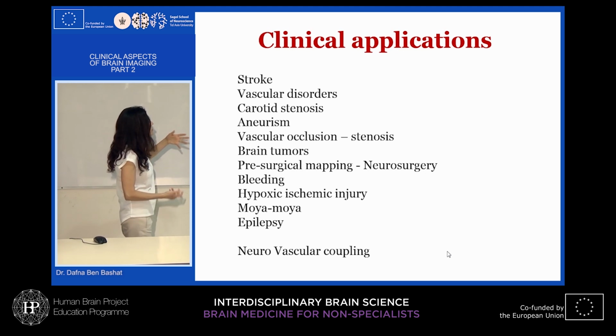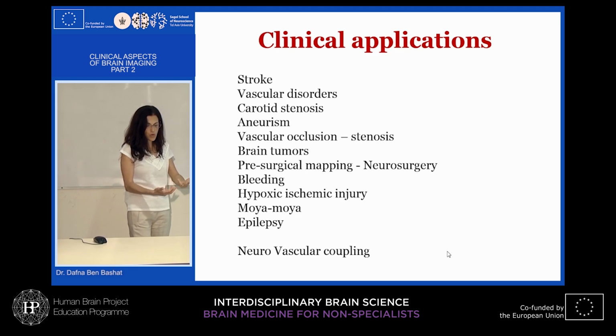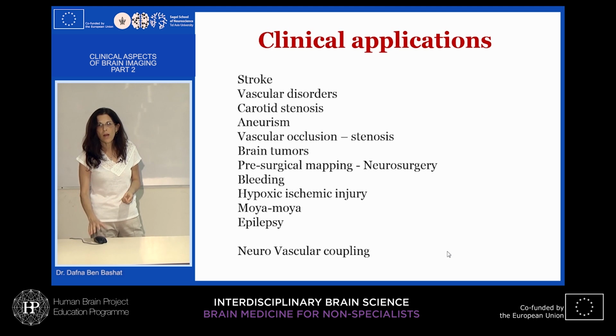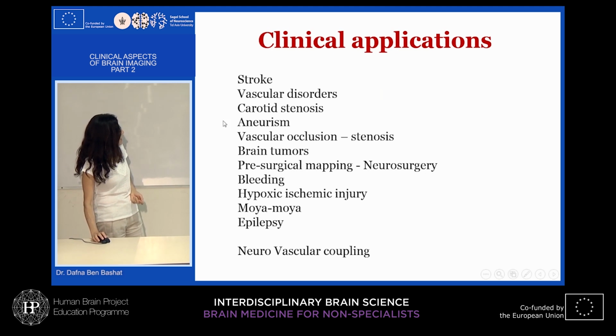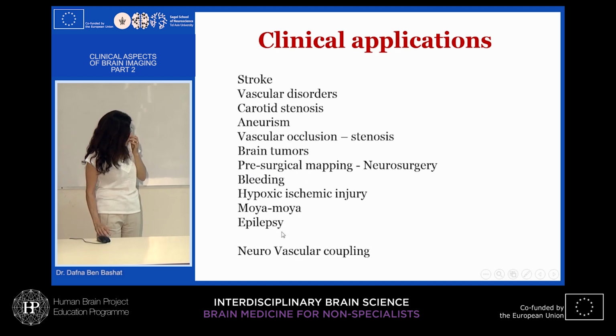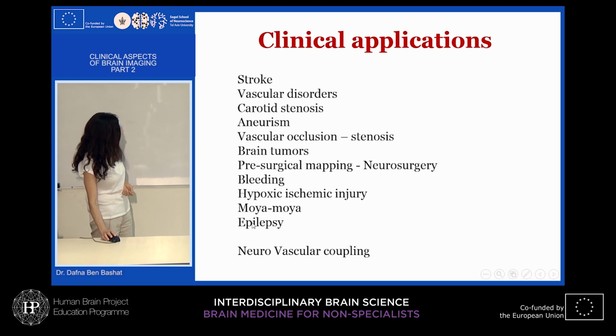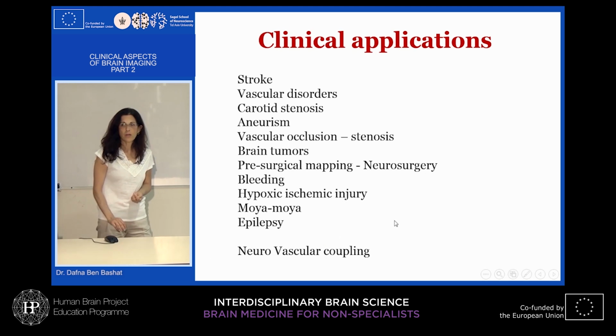Those vascular methods, monitoring these parameters using one of the methods I mentioned, are applied to stroke and vascular disorders. If we have a patient with carotid stenosis, aneurysm, brain tumor, pre-surgical mapping, again I'll talk about it, or if we suspect any bleeding or hypoxic ischemic injury, I'll show you some, and there is a lot of research on neurovascular coupling.